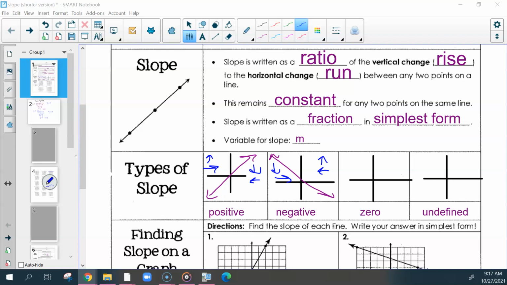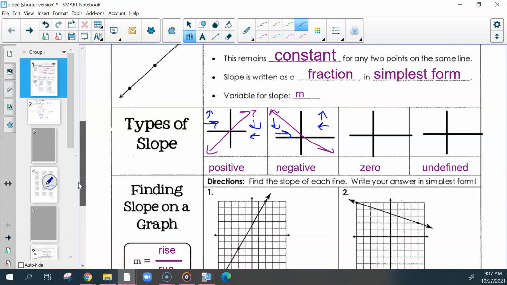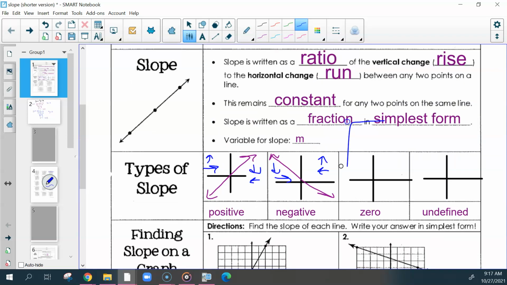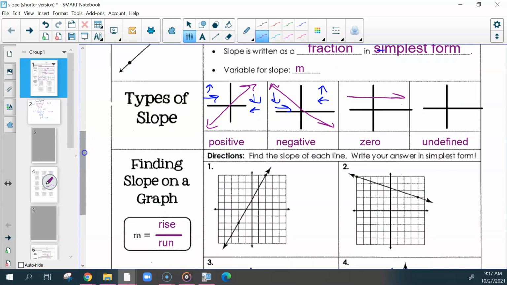For your zero slope, that's going to be a straight horizontal line, or as straight as humanly possible, where you don't have a vertical change at all, but you do have a horizontal change.